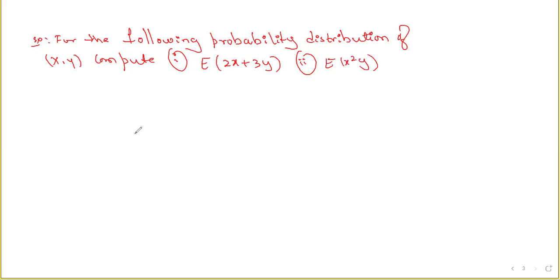They have given one two-dimensional distribution here.